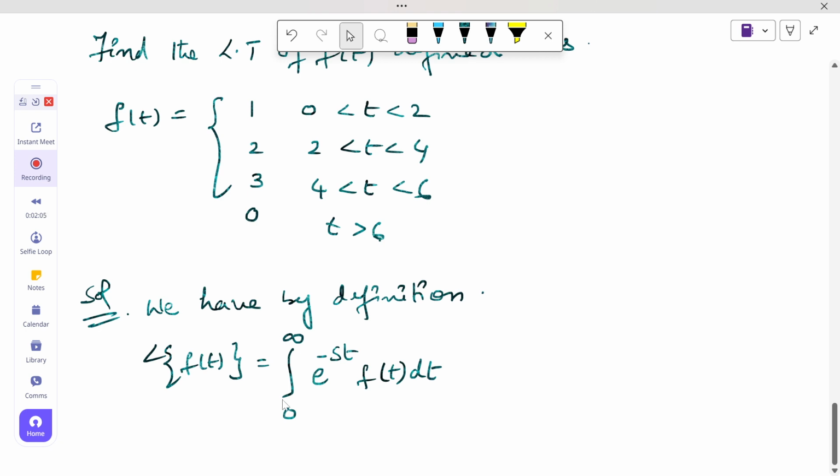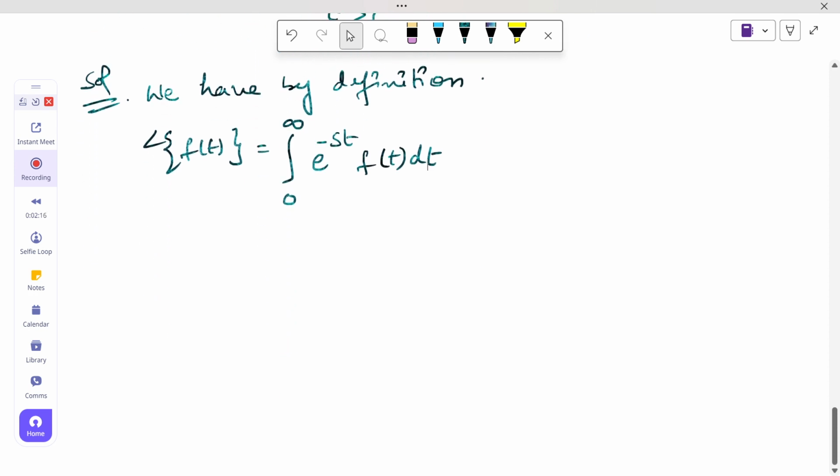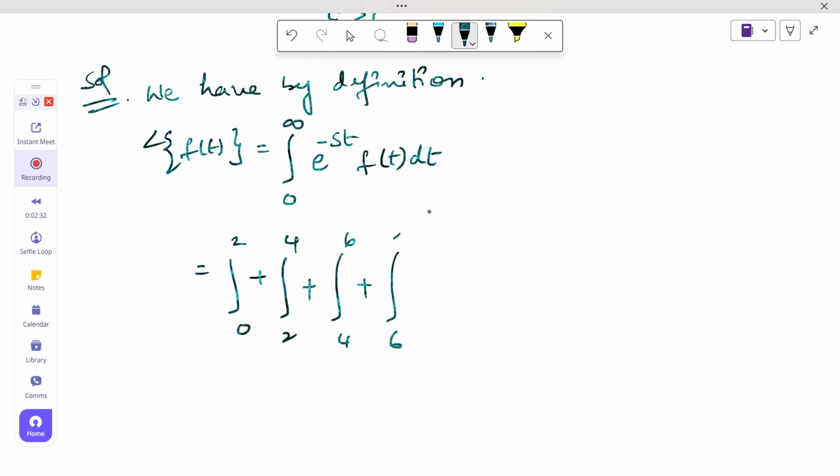So this integration you have to split. In those subintervals the values are given, so we can open the interval as 0 to 2, plus the next interval from 2 to 4, then 4 to 6, and the next is 6 to infinity, of e to the power of minus st f of t dt.